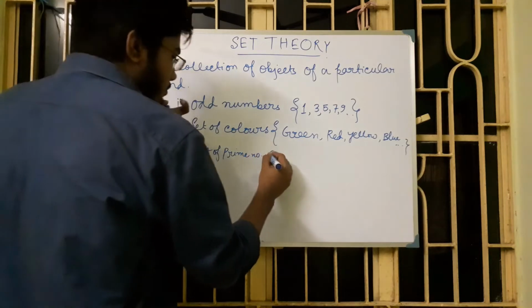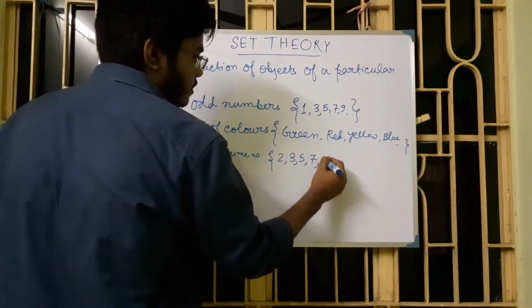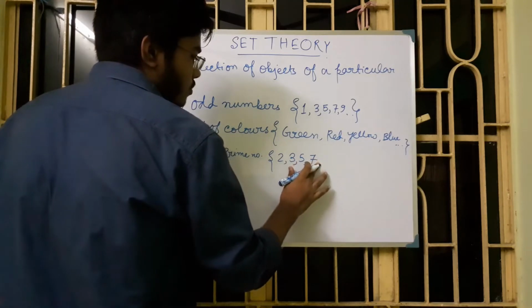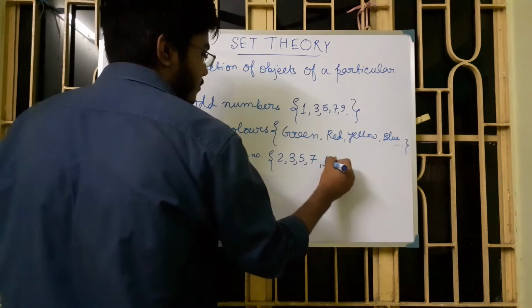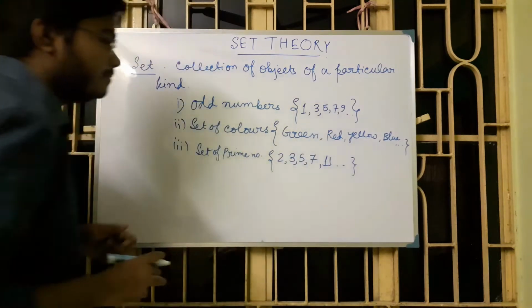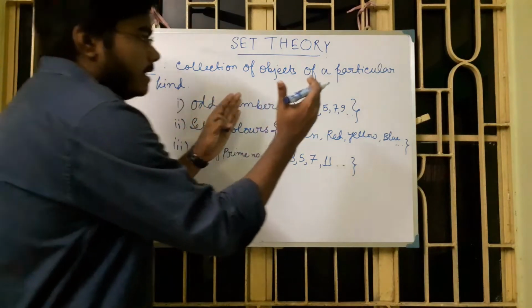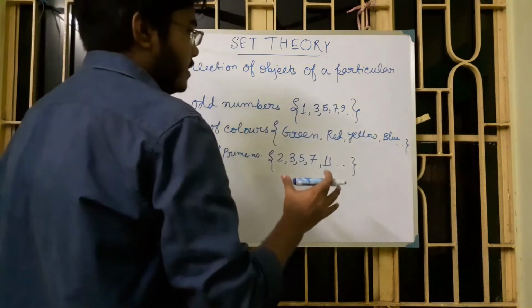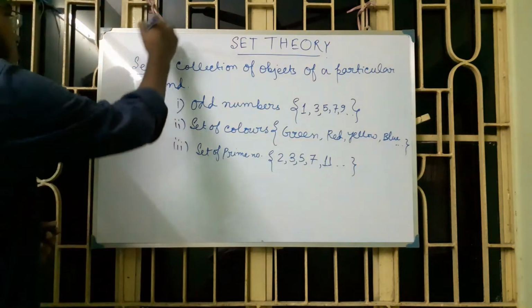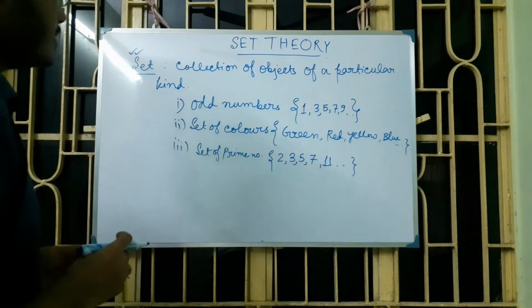So we have 2, 3, 5, 7, 11. In this way we define or represent a set. So a set is a collection of objects of a particular kind.